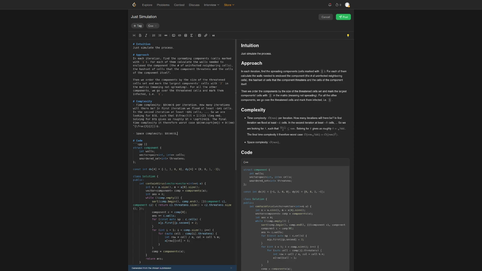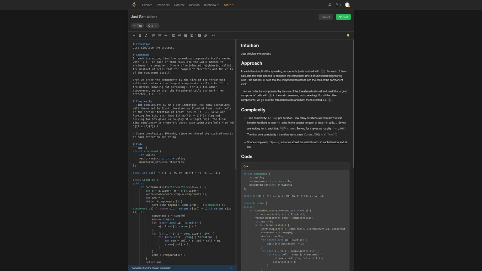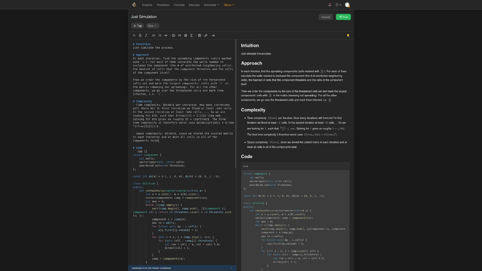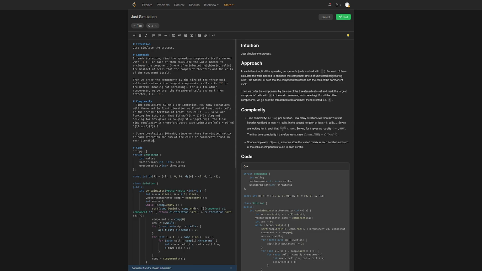nm, since we store the visited matrix in each iteration, and at most all cells in the components in all of the components total, and at most all cells, since we store the visited matrix in each iteration and the sum of the cells of components found in each iteration is at most nm.